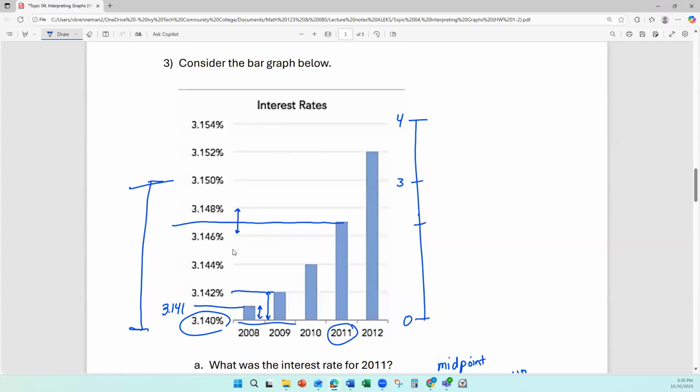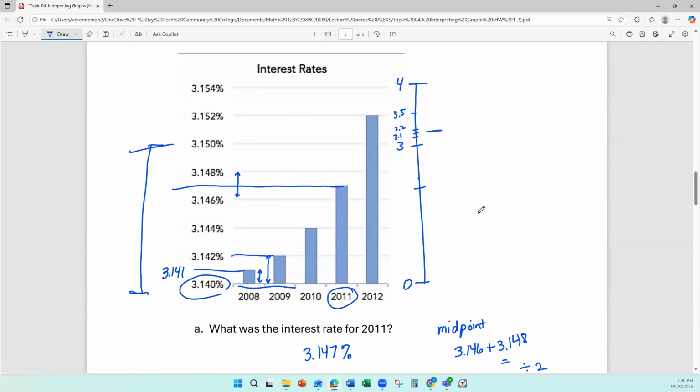So here's 3, and then this would be 3.5, maybe 3.1 would be here, and 3.2, and this would be 3.15. All of our bar heights would be right around the 3.15, and you'd barely be able to see, if at all, the difference from one to another.